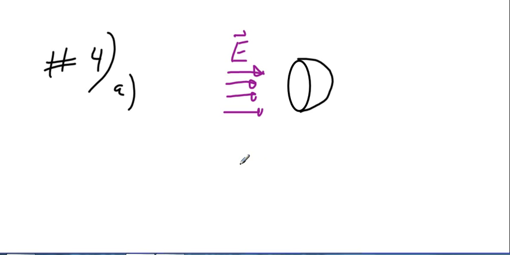I look at that and I say, well, the flux through the base of this object is the same as through the hemispherical surface. So flux is E cross the area, and because of that, I can just use the base of the hemisphere.